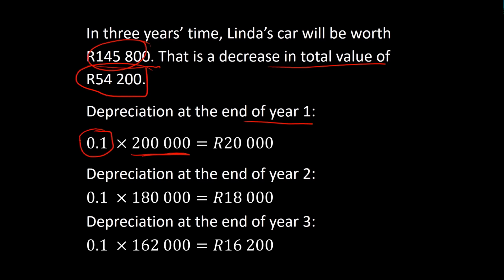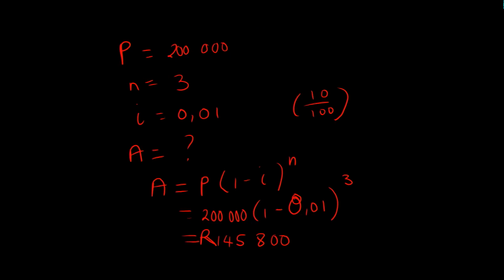So 10% of 200,000 would give me the value of depreciation. So if we're looking at the formula, we've got P times (1 minus i) to the n. All I'm doing is multiplying P by i to see what the value of this depreciation is going to be at the end of the first year.